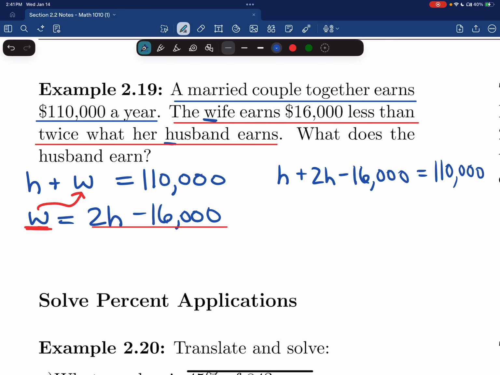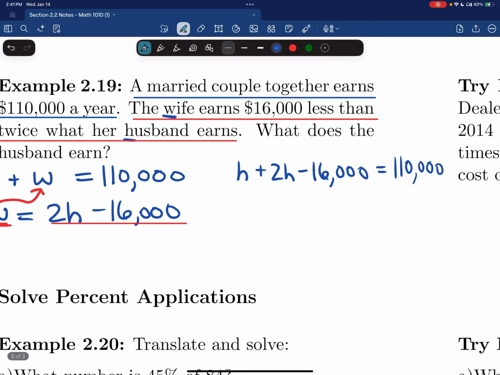Now we can solve this equation. So 1H plus 2H is 3H, and then we've combined those like terms. We should add the constant of 16,000 to the other side of the equation.